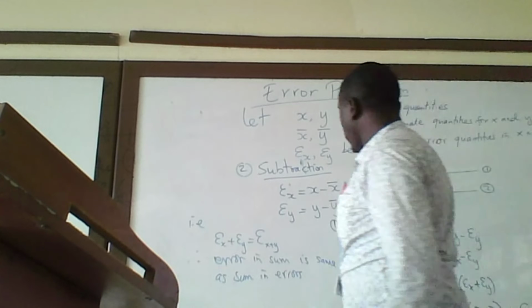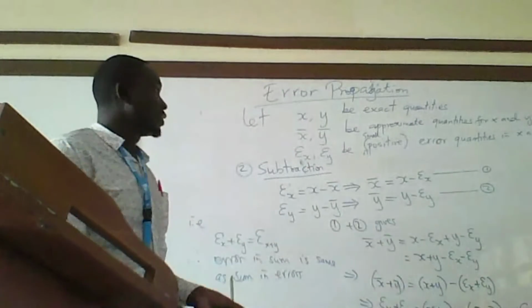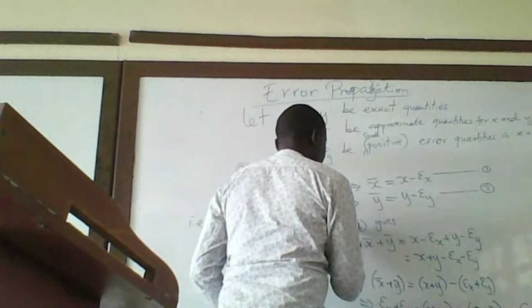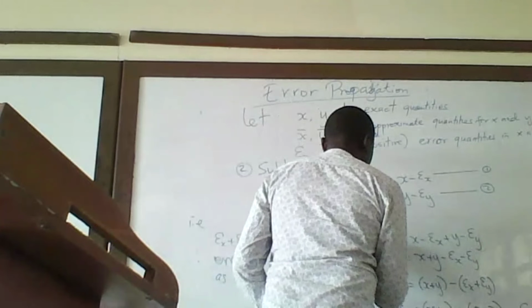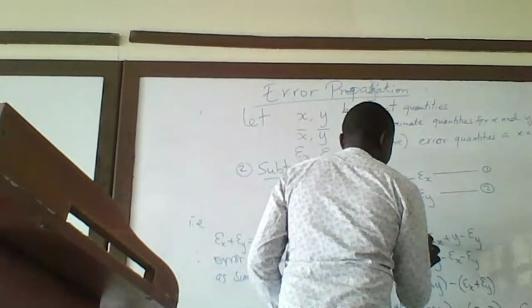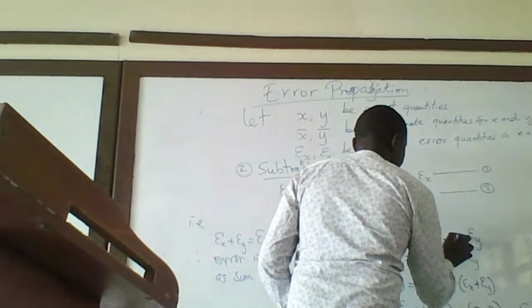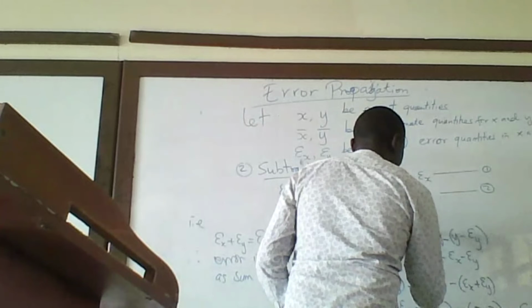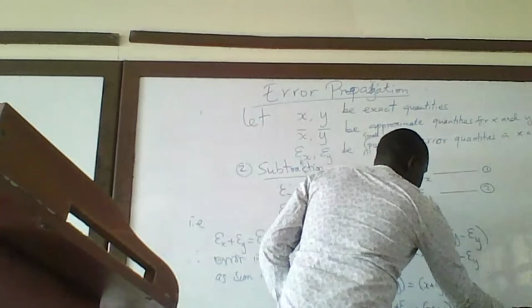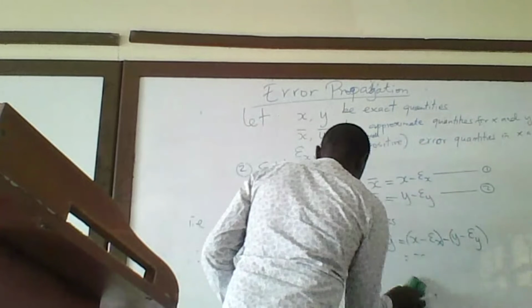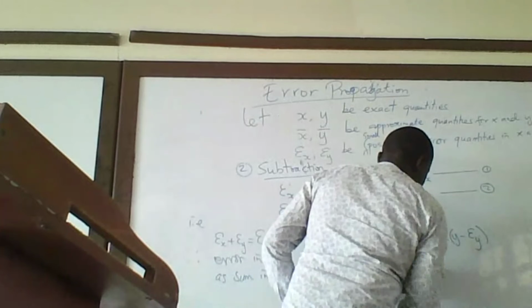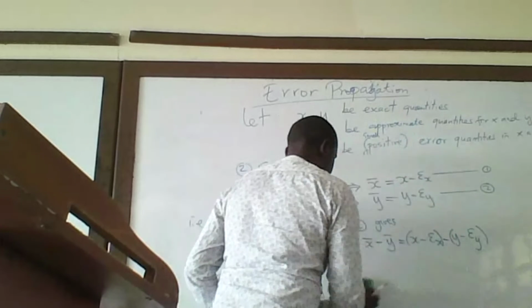Good. So what are we doing? We are subtracting. So let's just say 1 minus 2. So have this minus, then we have this minus. We are subtracting equation 2 from equation 1.